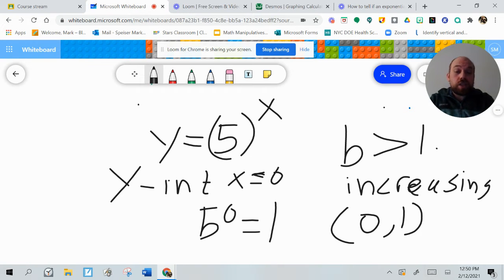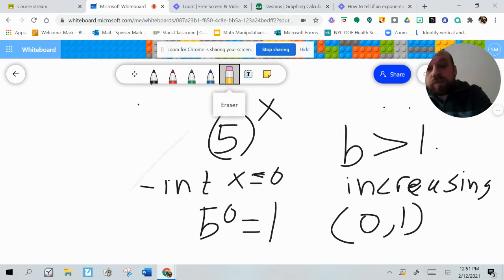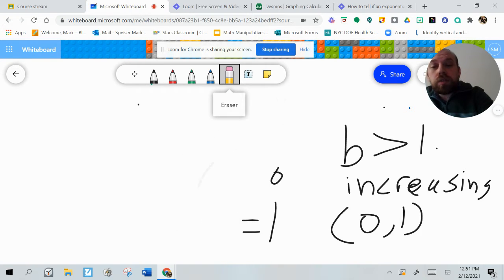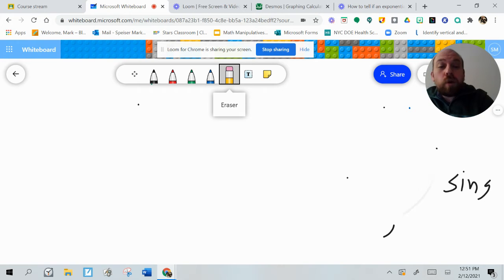So how do you change the y-intercept from (0, 1)? Well, the basic way we change it is by multiplying it by some number.